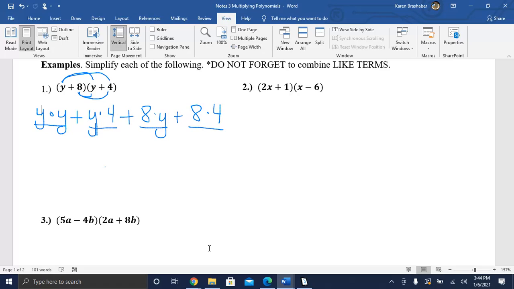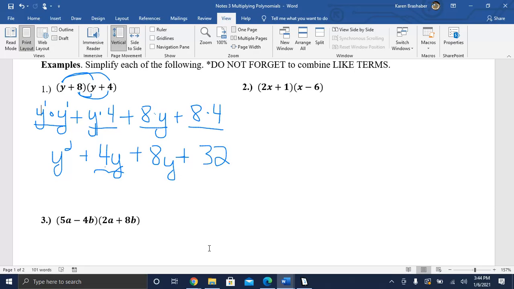And so I'm not really going to set it up like FOIL, although that's exactly what I did do. But I think this is a little bit easier for you to see. So y times y, remember that I add those exponents, I get y to the second, plus y times 4, I can just write as 4y, plus 8 times y, I can write as 8y, and then 8 times 4, which gives me 32.